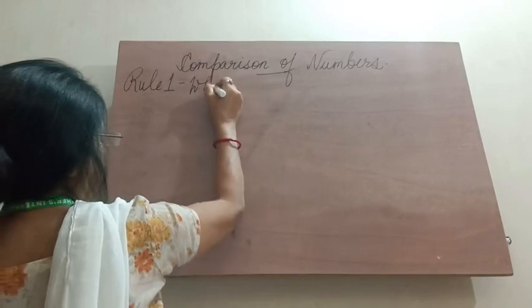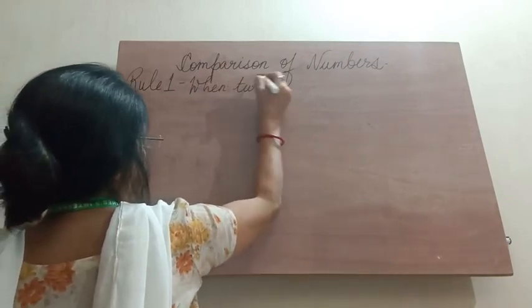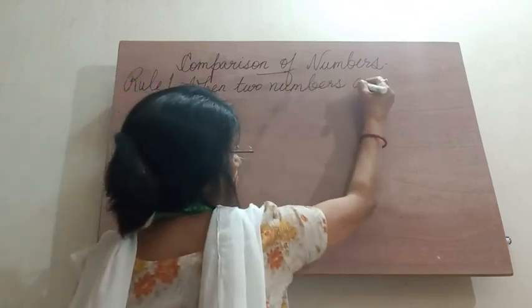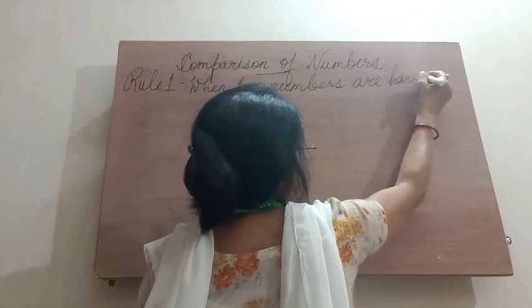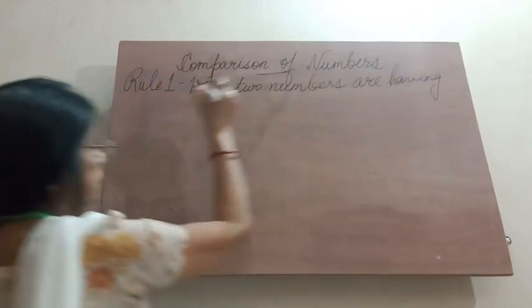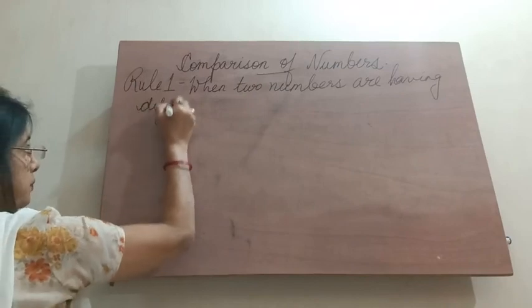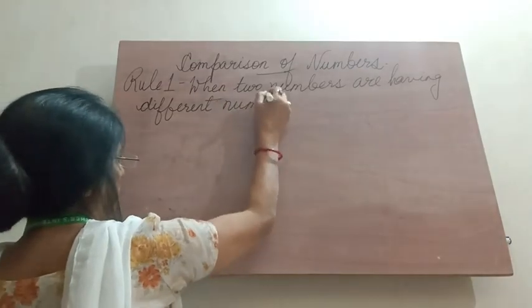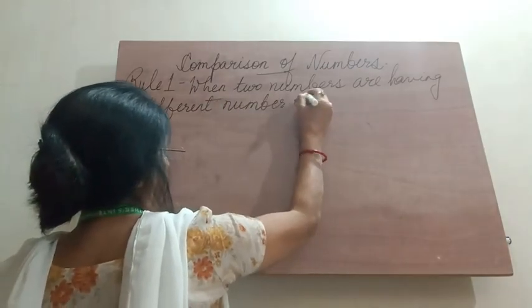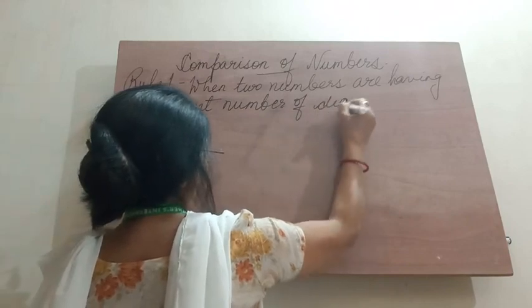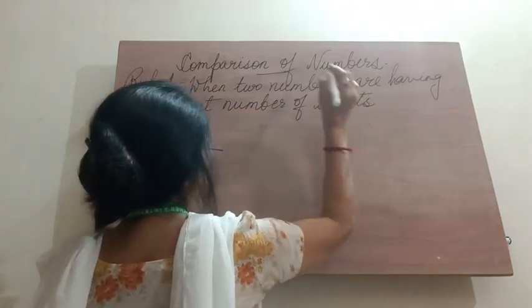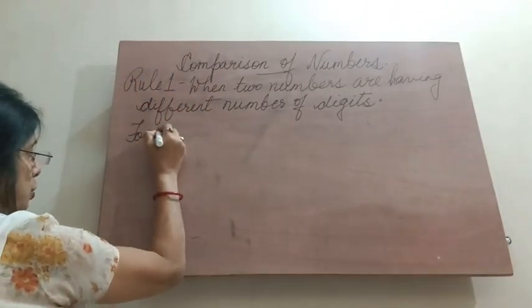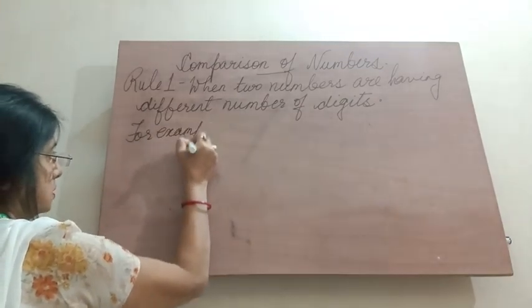Rule number 1 is when two numbers are having a different number of digits. For example, I am giving you two different numbers.